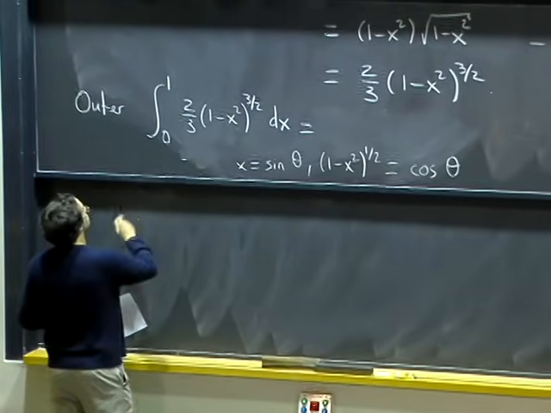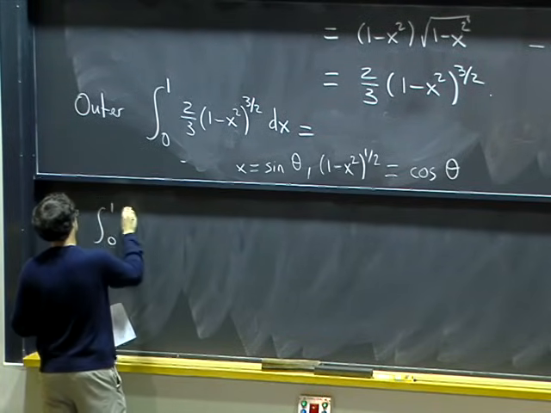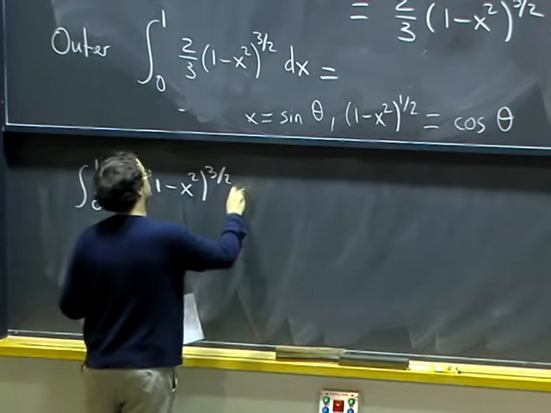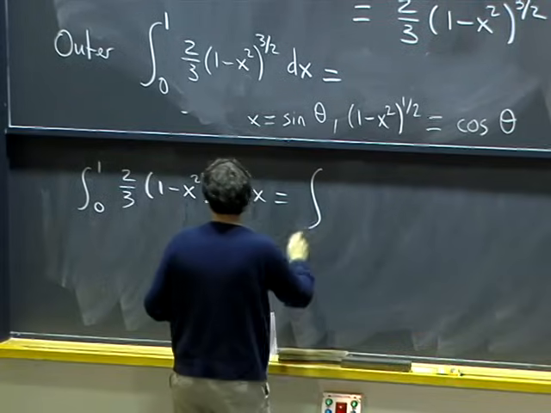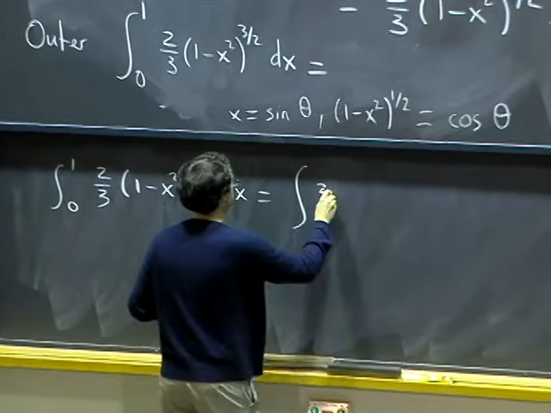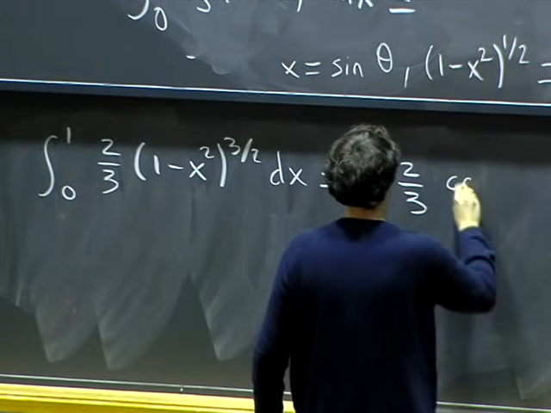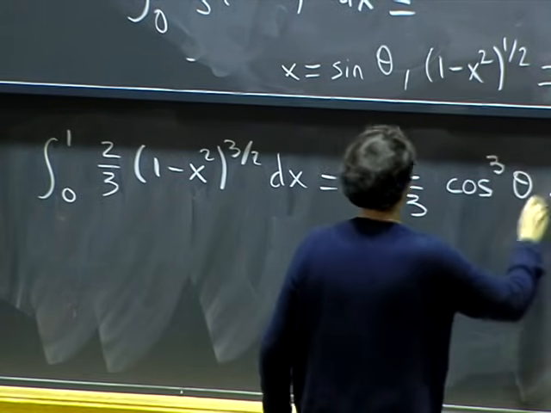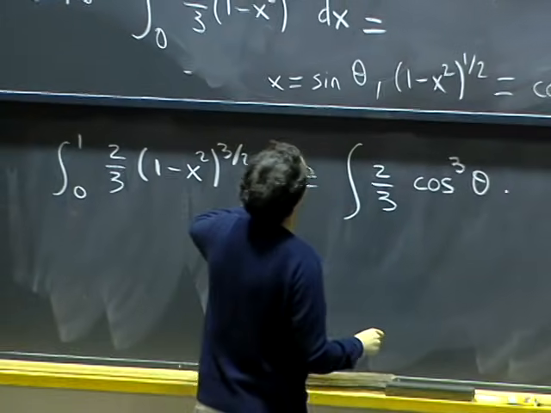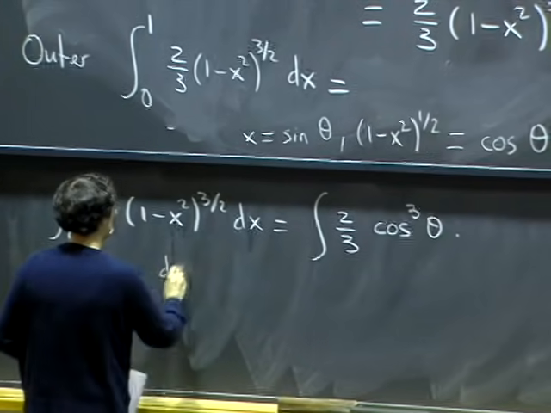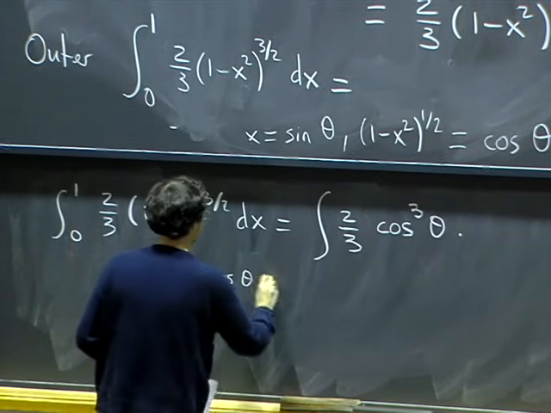And so that will become 2/3 remains 2/3. 1 minus x squared to the 3 halves becomes cosine cubed theta. And dx, well, if x is sine theta, then dx is cosine theta d theta.